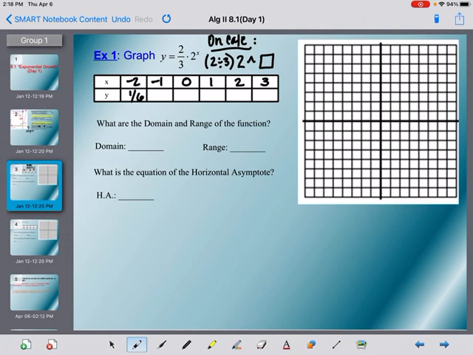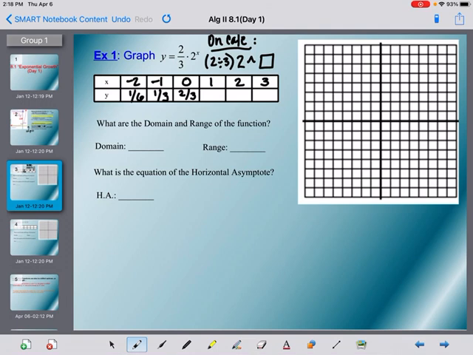So that's going to be our y value. When we plug in -1, 2 to the -1 power is 1/2. And then 2/3 times 1/2 is 1/3. When we plug in 0, anything to the 0 power is 1. So 2 to the 0 power is going to be 1, and then 1 times 2/3 is 2/3.